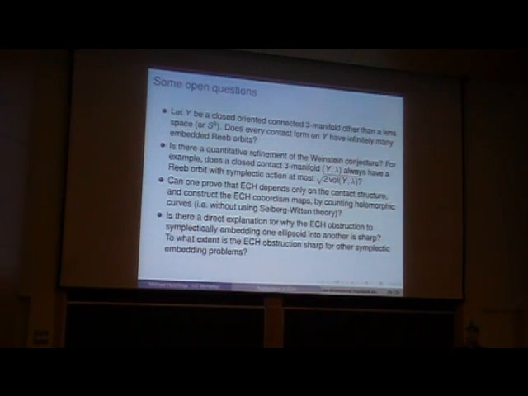Playing with the ECH capacities actually suggests that this number might be the square root of 2 times the volume of Y, where volume is measured using the volume form lambda wedge d lambda. I haven't tried too hard to find a counterexample, but as far as I know, there's always a Reeb orbit whose length is at most this number.